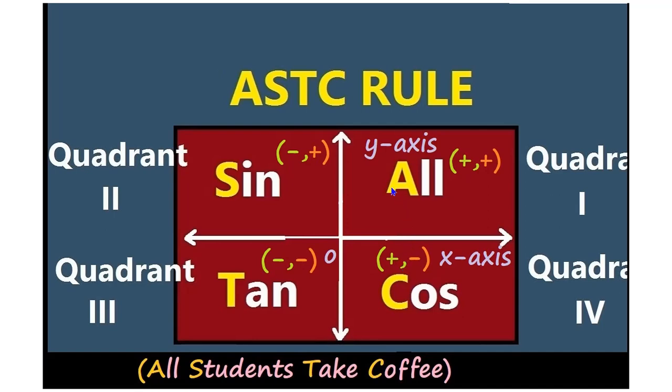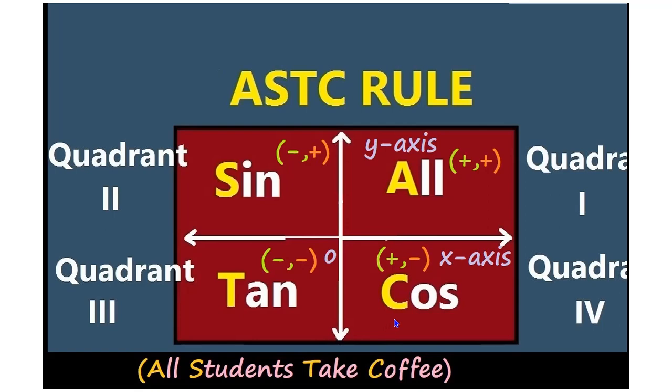In the first quadrant all trigonometric functions are positive. In the second quadrant sine and its reciprocal are positive, the remaining are negative. In the third quadrant tan and its reciprocal are positive, the remaining are negative. And in the fourth quadrant cos and its reciprocal are positive and the remaining trigonometric functions are negative.